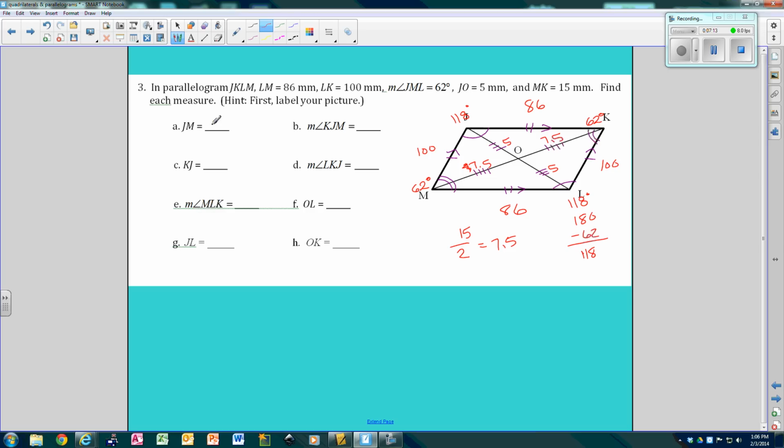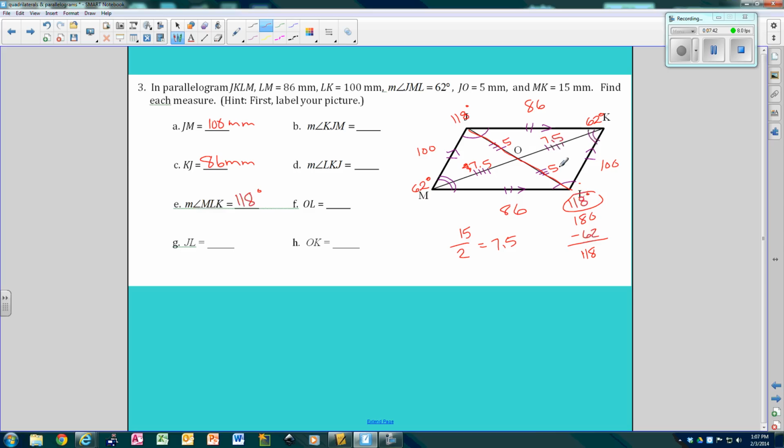JM is 100 millimeters. Don't forget your units. KJ is 86 millimeters. Angle MLK, we found that to be 118 degrees. JL is a segment. Where's JL? JL would be this whole thing.